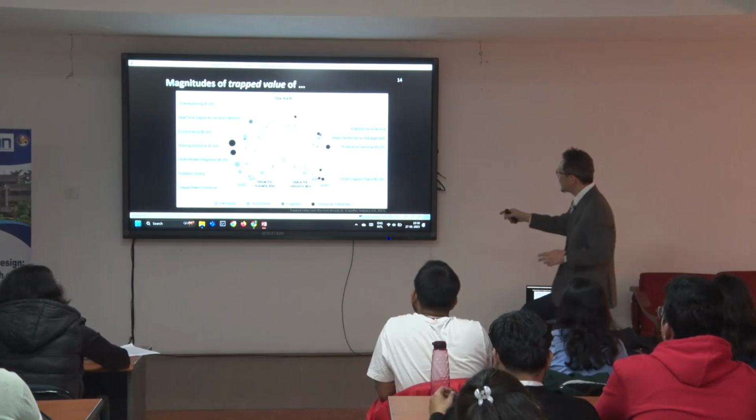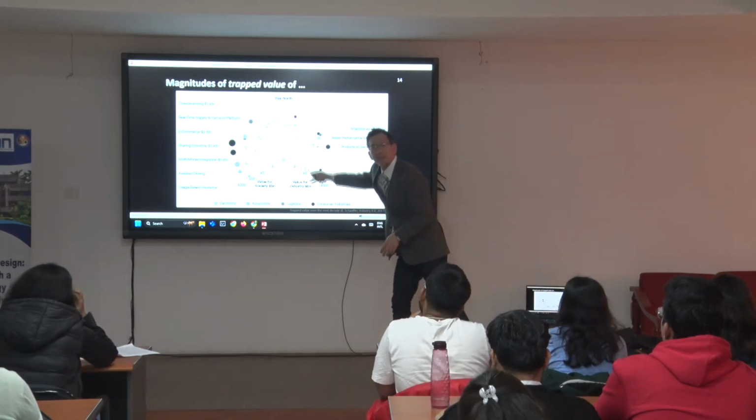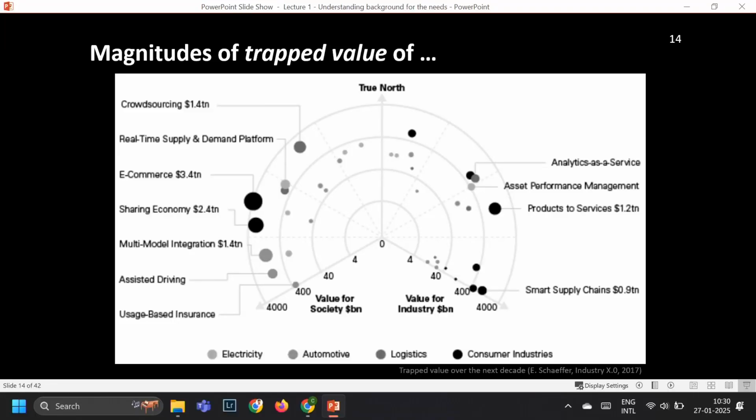The axis shows the size of the market. On the right-hand side, you see the value for industry, and on the left-hand side, it's rather value for society at large.